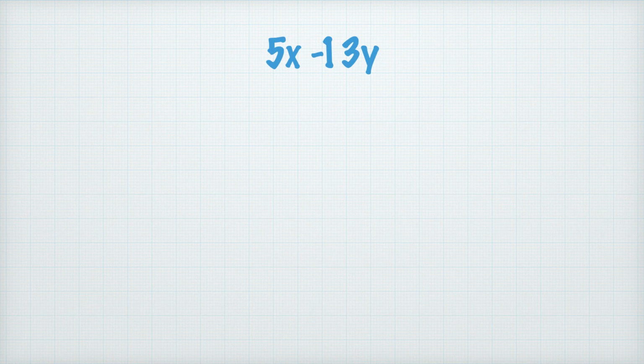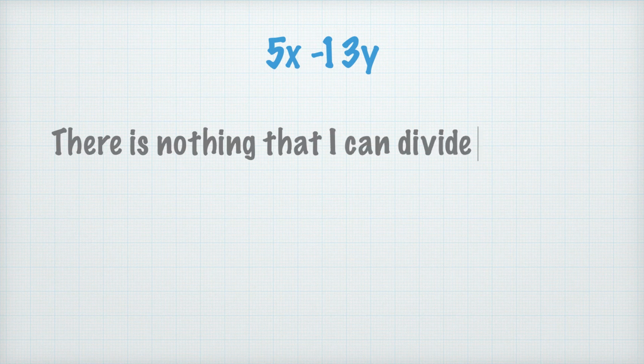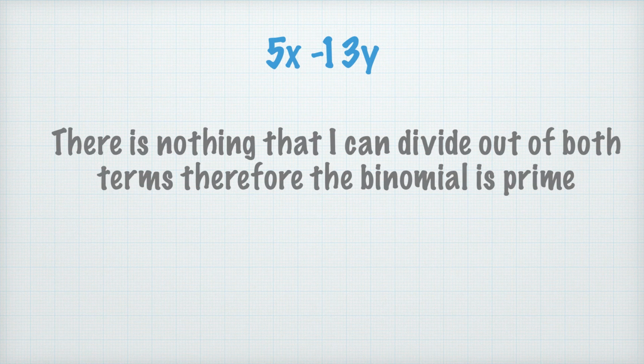Notice that 5 is prime and 13 is prime, but I have an x and a y. They do not match, so guess what? There is no factor at all that I can factor out of both of those terms. Remember, you have to be able to divide them out of both terms. So this polynomial, which is number 15 on the back side of your handout, is prime.